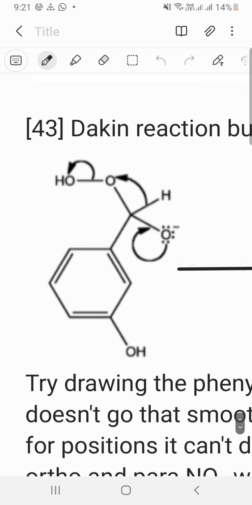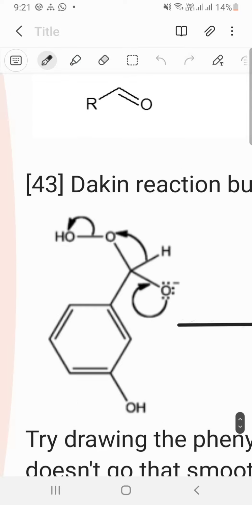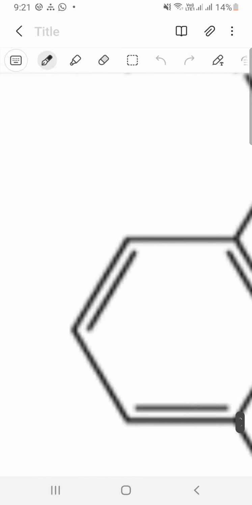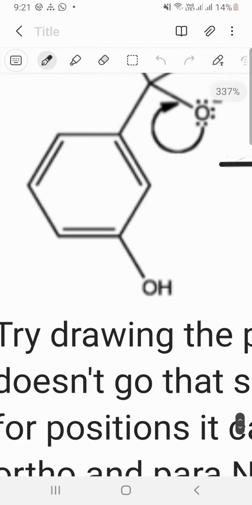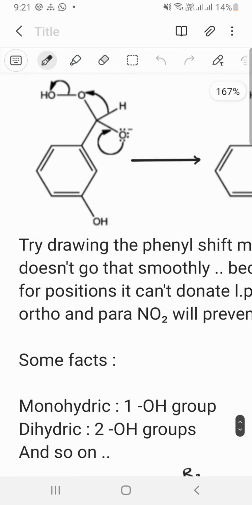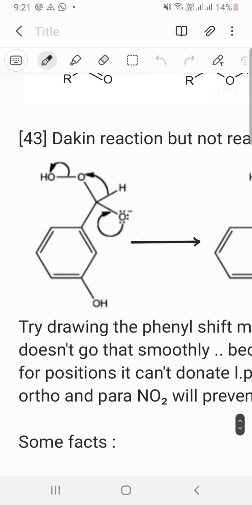So when you try to put the mechanism together, the phenyl shift mechanism, you will realize that it's putting a positive charge on these carbons, this carbon, that carbon, and this carbon, right, which cannot be reached by oxygen's lone pair, and they are still subject to the negative inductive effect that oxygen puts.